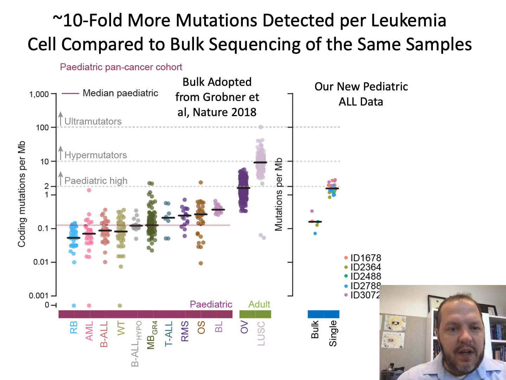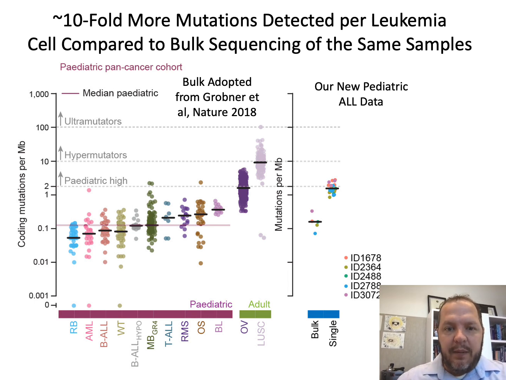But again, this is all done at the bulk level, whereas adult cancers have significantly higher levels. What we've done is gone back and done bulk sequencing, and then from those same samples, isolated single cells and done single cell whole genome sequencing and estimated the actual number of variants per single cell.